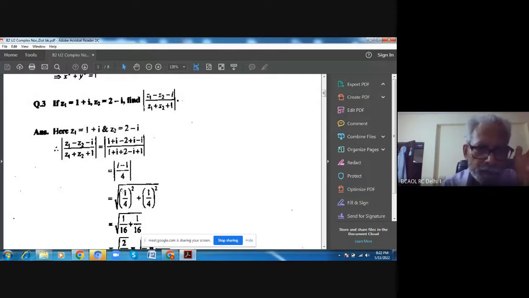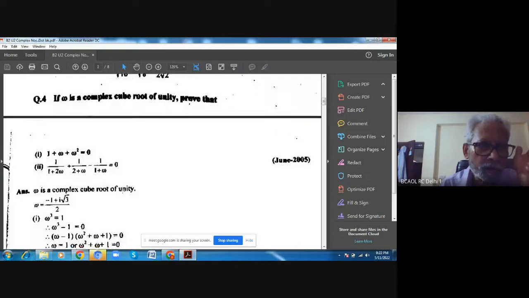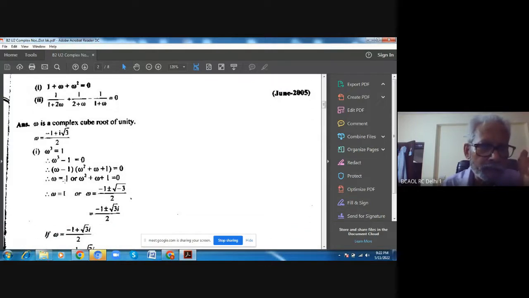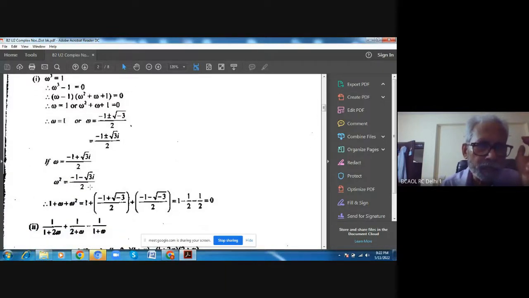Finally, this is also another polar formation, two-group unity. All are basically simple algebra functions. Here is something, and finally 1 plus omega plus omega square.